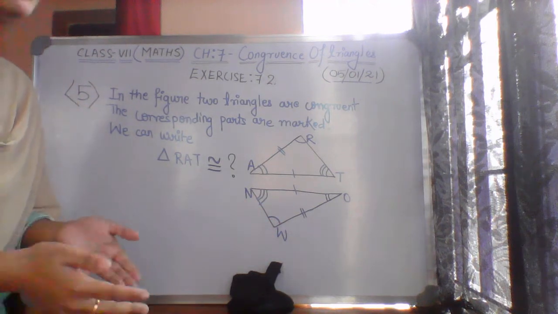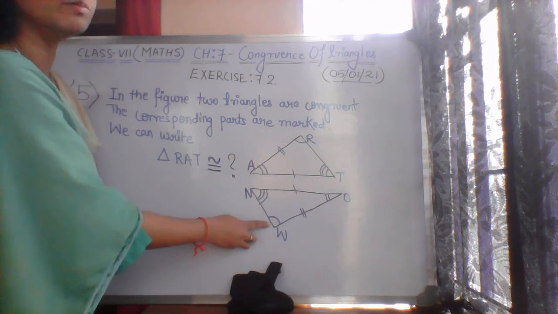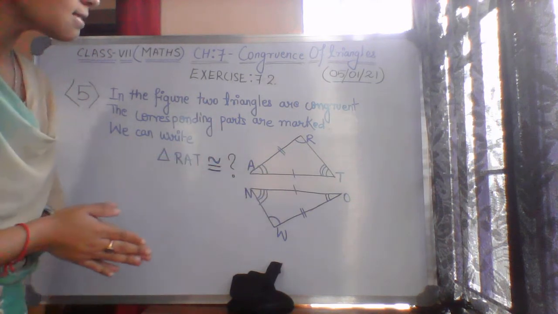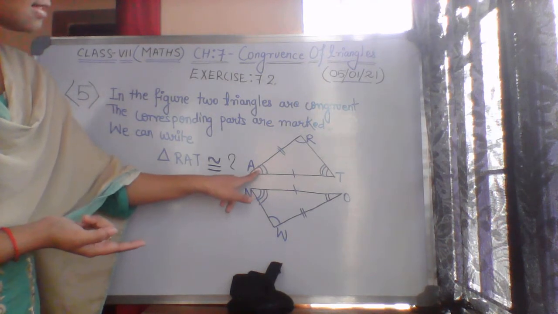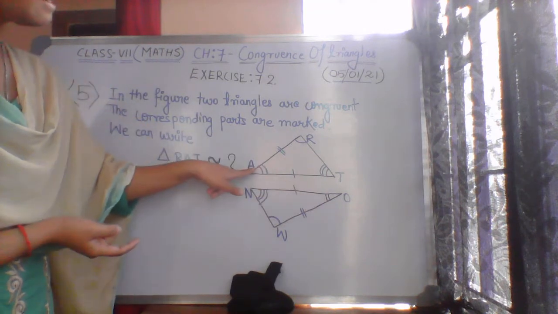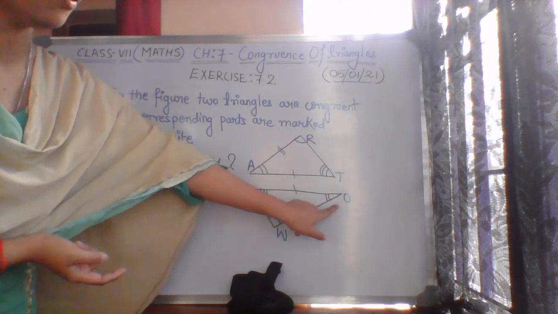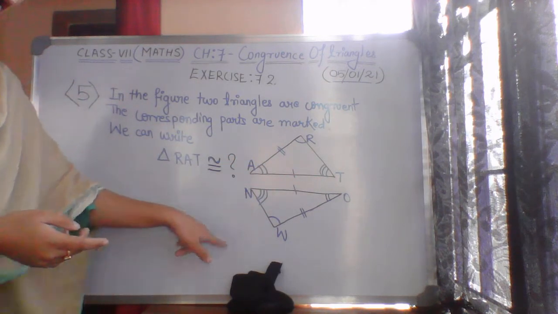This is the notation we are using. So angle R equals angle W. Similarly, angle A equals angle O, denoted by two lines. Similarly, angle T equals angle N.